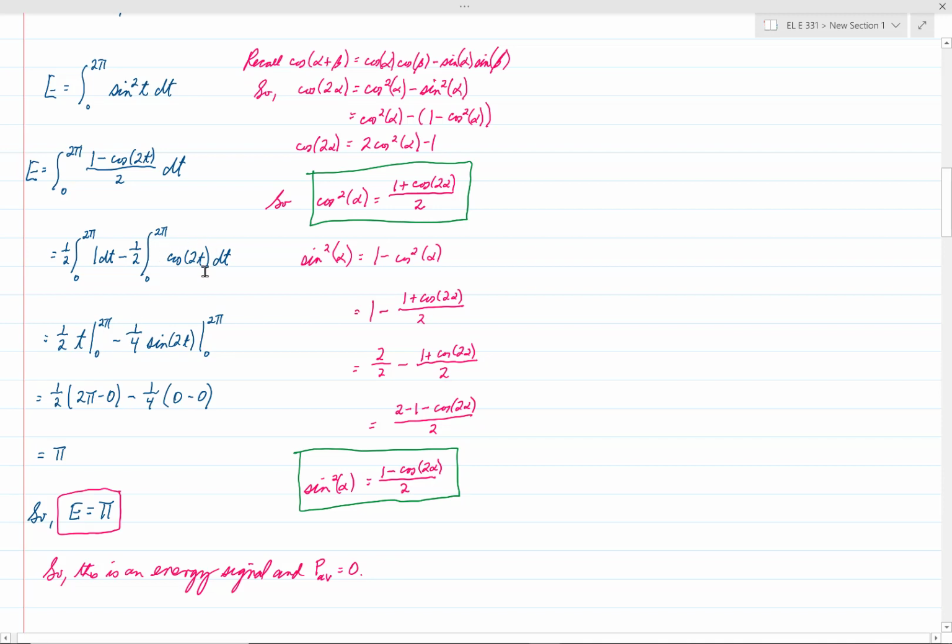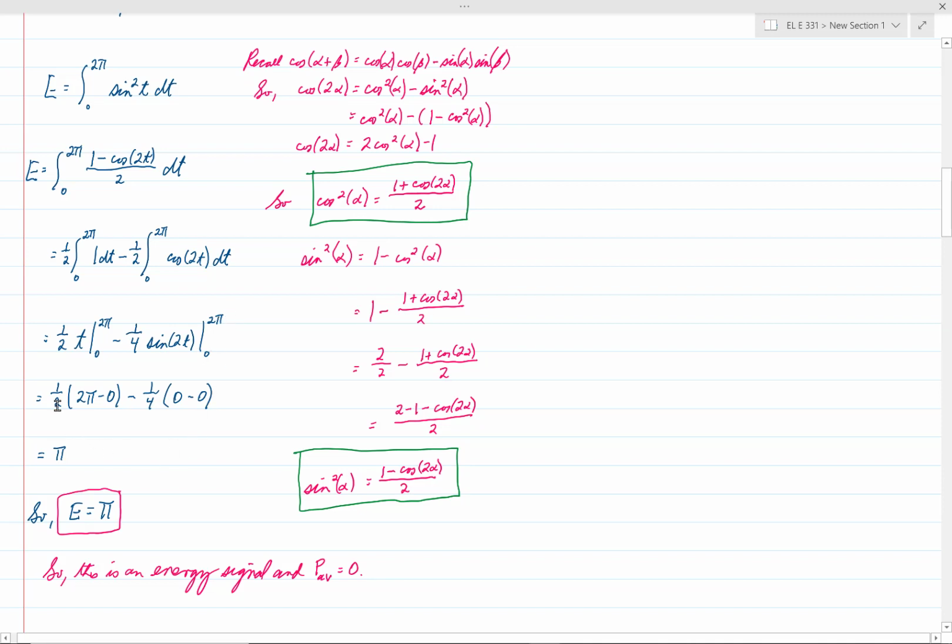And then the integral of cosine of 2t, well, we need a 2 on the inside and bring out a 1/2, so we'll get minus 1/4. And then the integral from 0 to 2 pi of cosine 2t times 2 dt will be sine of 2t, evaluated from 0 to 2 pi.